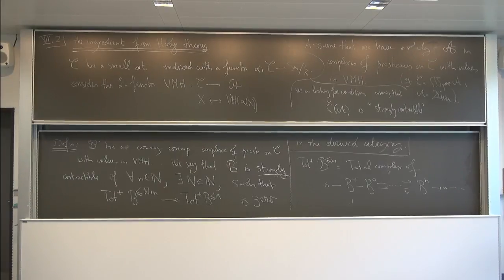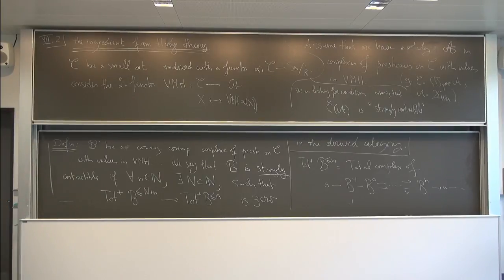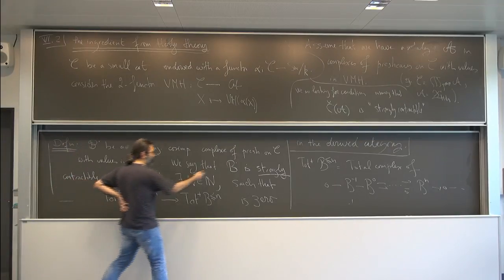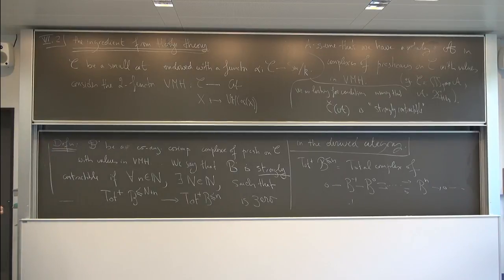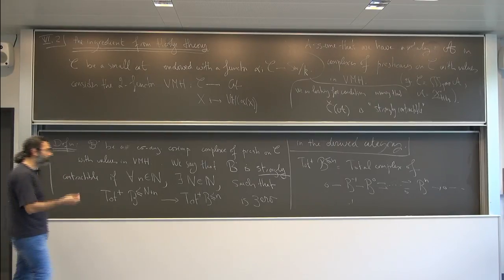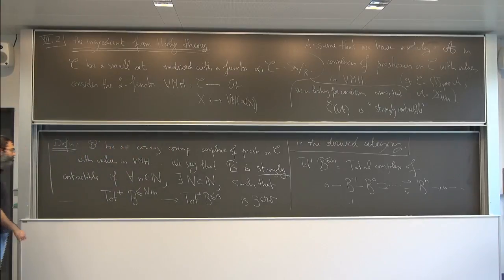Is this clear? This is what I mean by strong contractibility, and this is a condition that behaves well when you apply functors. If you have a cosimplicial object B and you apply to it some functor, if B is strongly contractible, then the image by this functor will also be strongly contractible. Any reasonable functor that preserves quasi-isomorphism will have this property.